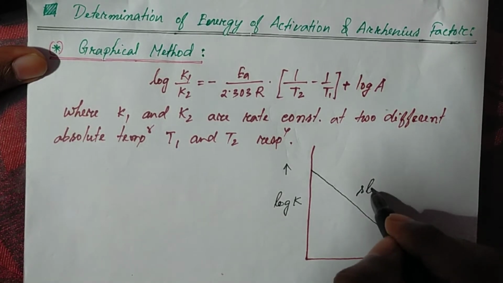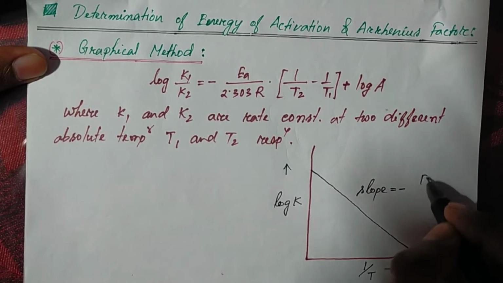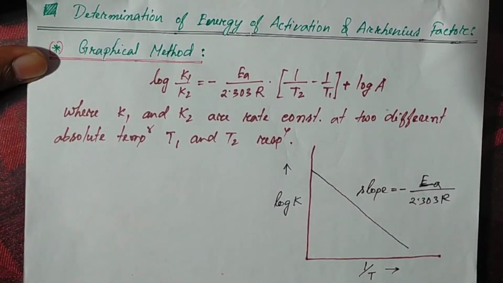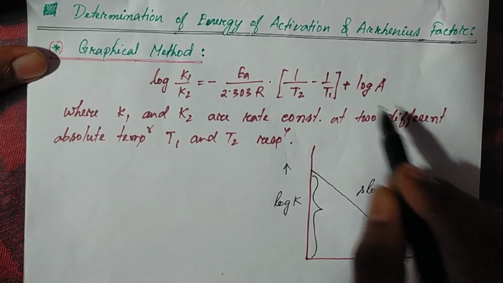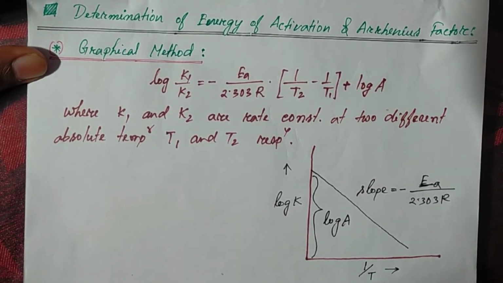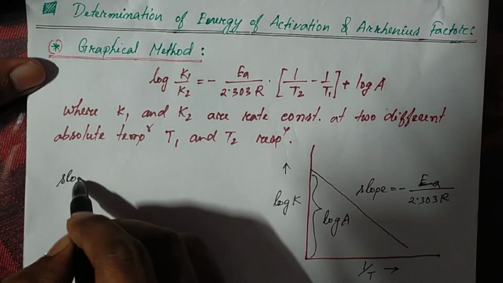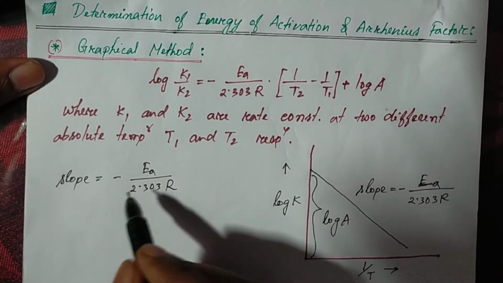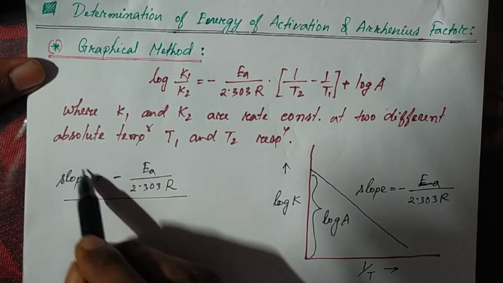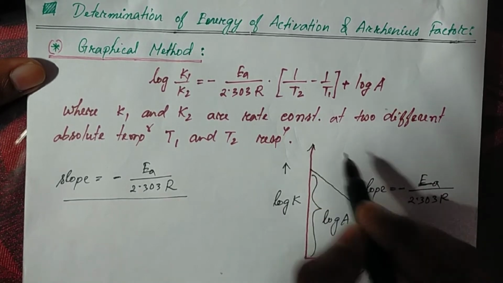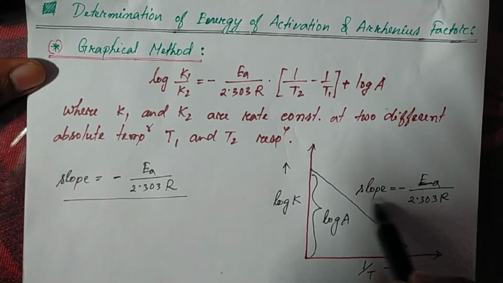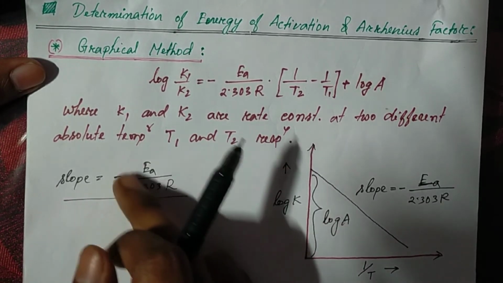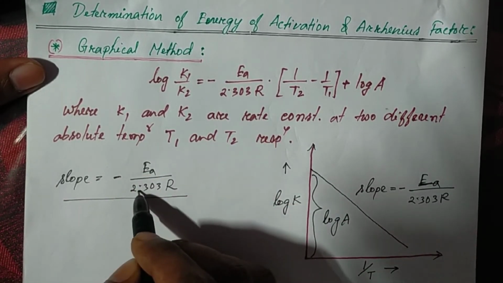The slope is negative EA by 2.303 R, and the intercept is log A. So slope is equal to minus EA by 2.303 R. From the graph we will find out the slope from this line, and if we know the slope, then it will be easier to calculate EA.